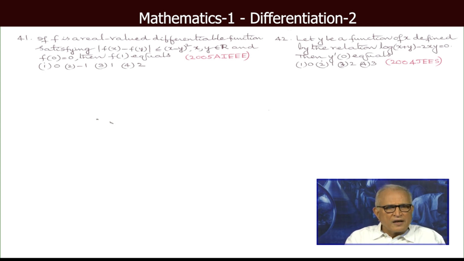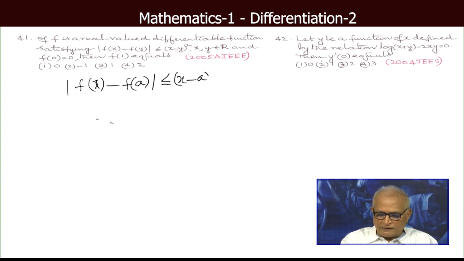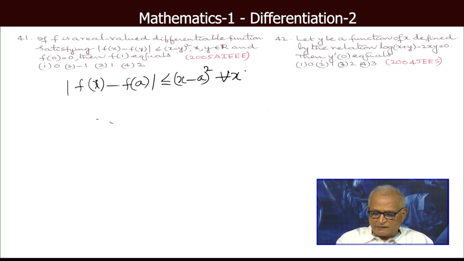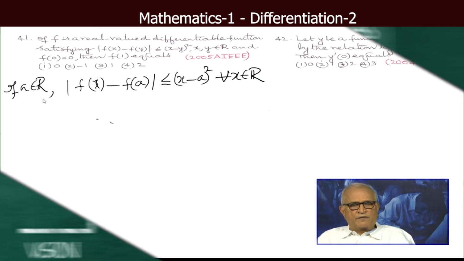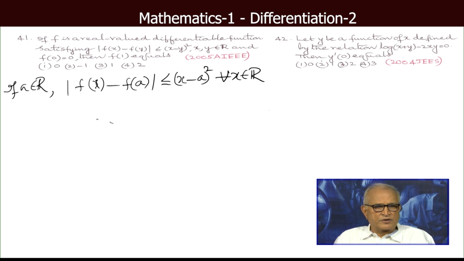Because that holds for all x, y, replace y by a, where a is any real number. From the hypothesis, we find mod f(x) minus f(a) less than or equal to (x minus a) whole square.